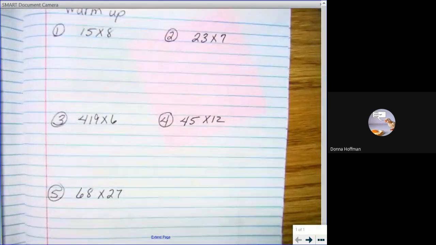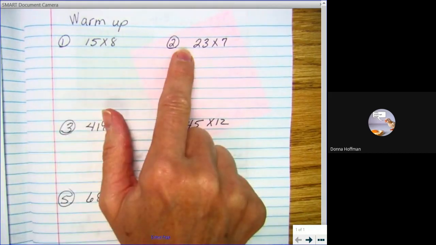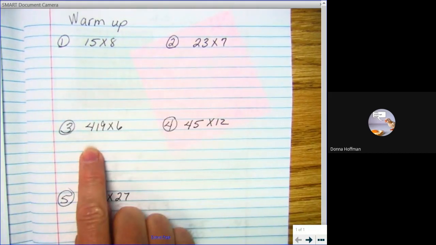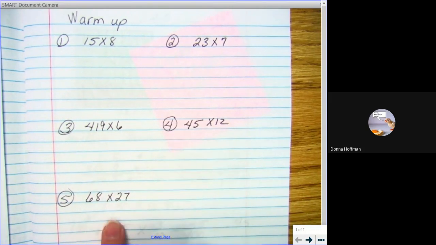The warm-up that we do for class would be 15 times 8, 23 times 7, 419 times 6, 45 times 12, and 68 times 7.